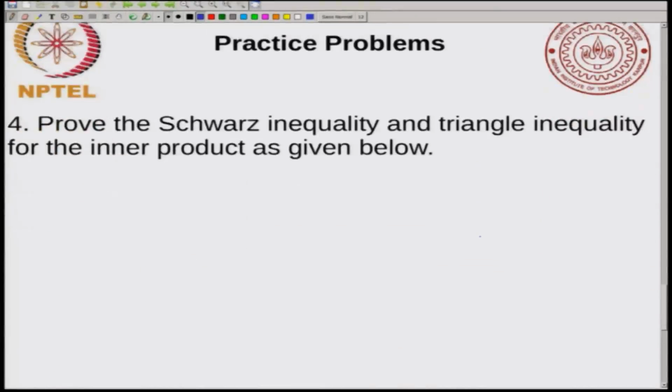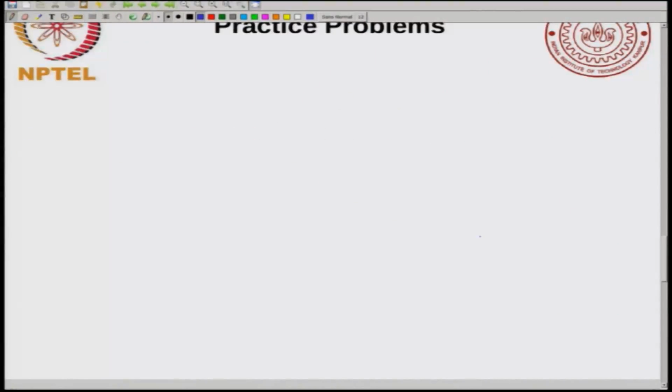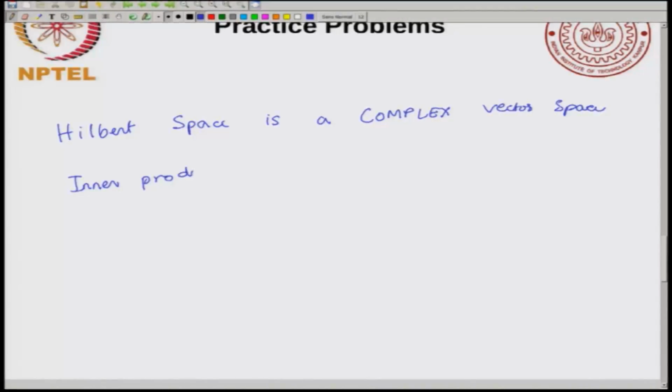Now, the next question. Okay, so just to emphasize, I will emphasize here that a Hilbert space is a complex vector space, and the inner product satisfies f g equal to g f star.